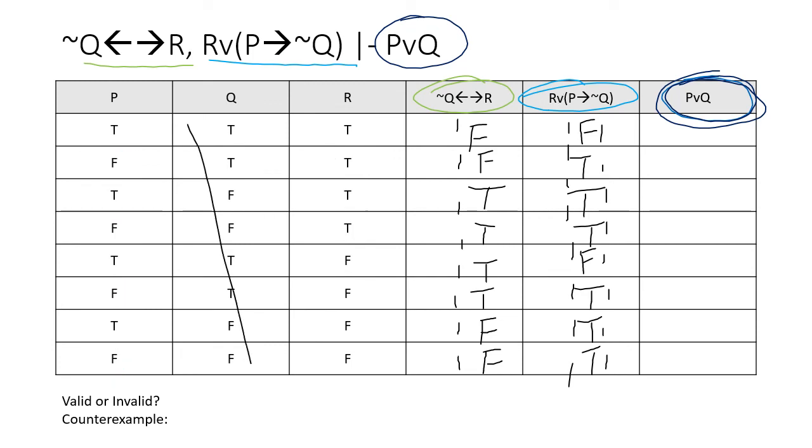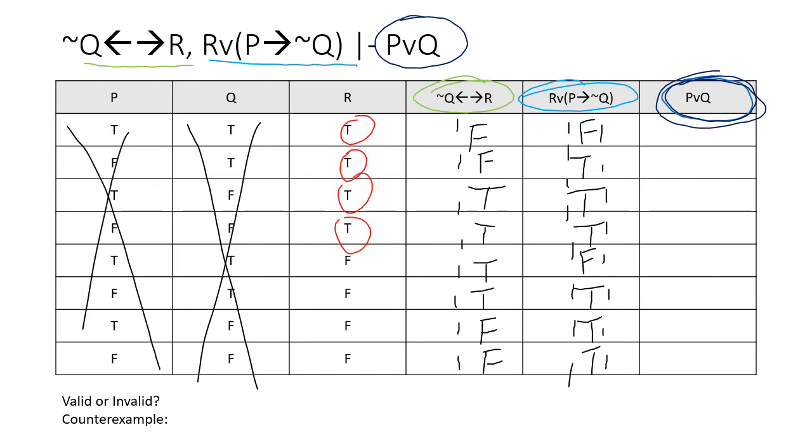And now we just have to take into account our R. And we've got another disjunction, so we're just looking for instances in which one of these is true. And it's true. So erase these.